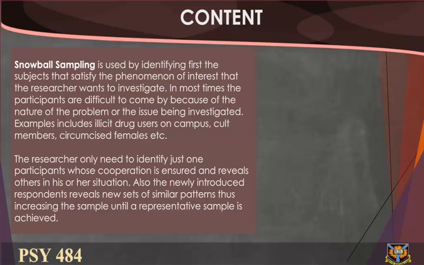Examples include illicit drug users on campus, cult members, circumcised females, etc. The researcher only needs to identify just one participant whose cooperation is ensured and reveals others in his or her situation. Also, the newly introduced respondent reveals new sets of similar patterns, thus increasing the sample until a representative sample is achieved.